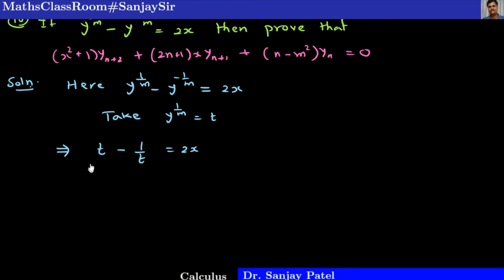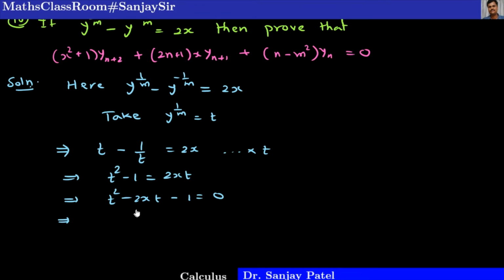Let us simplify this. So we'll get t square minus 1 is equal to 2xt, multiplying both the sides of this equation by t. Now taking the 2xt to the left hand side, we can write it as t square minus 2xt minus 1 is equal to 0. Now I want to make the first two terms into a perfect square.